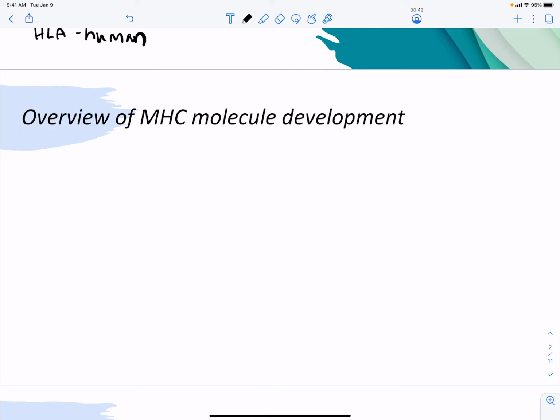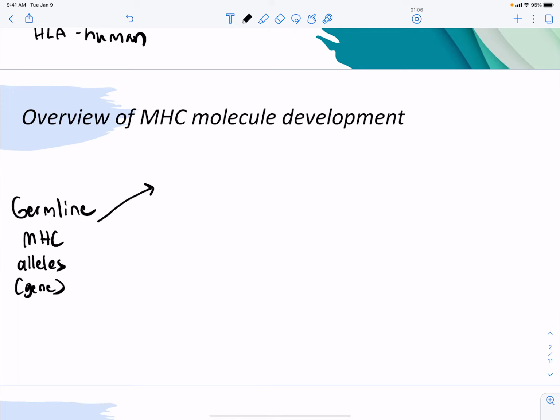What's important to understand about this is it comes from your germline. So this was given to you from your mother and father. You have MHC alleles, and an allele is simply just a gene. There are many of them that you inherit from your mother, and then you inherit another set from your father. There are two different types of MHC alleles.